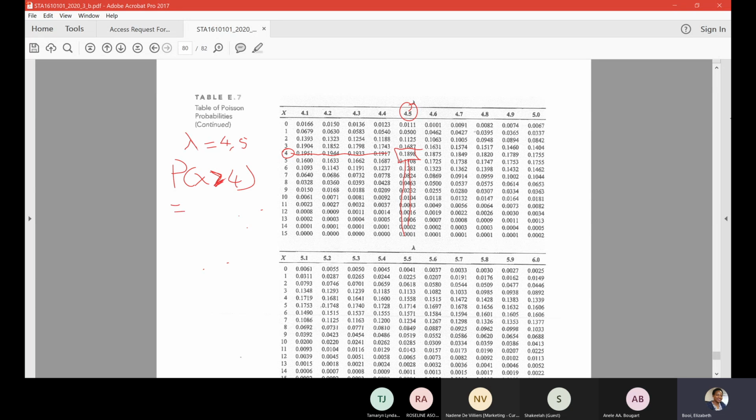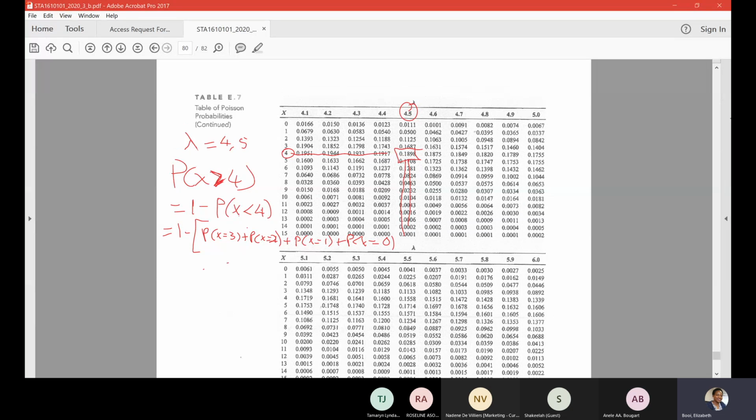You can also do the opposite and say it is 1 minus the probability. This will be the same as 1 minus the probability that x is less than 4, which then means it's 1 minus, in brackets, the probability that x is equal to 3 plus the probability that x is equal to 2 plus the probability that x is equal to 1 plus the probability that x is equal to 0.